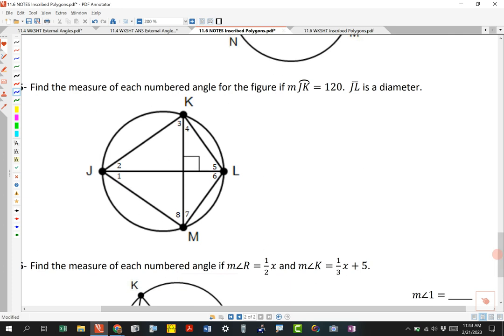Find the measure of each numbered angle for the figure, and it says arc JK is 120. Arc JK is 120. Do we know anything else?